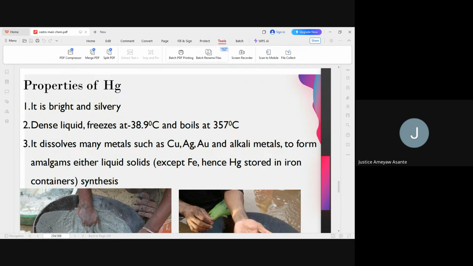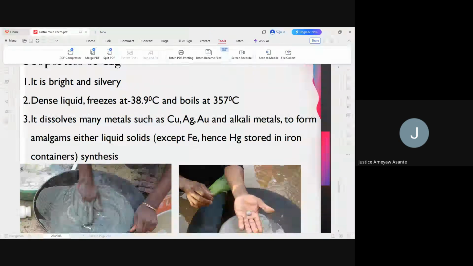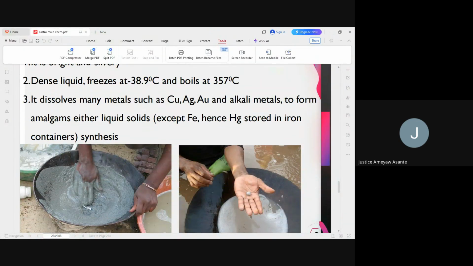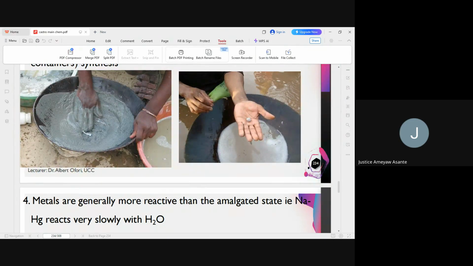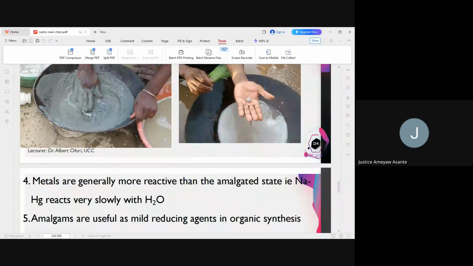It dissolves many metals such as copper, silver, gold, and alkali metals to form amalgams, either liquid or solid, except iron, hence mercury is stored in iron containers. So you've seen how it is, those who are at the Galamsey sites. So when it comes in presence of gold, it will dissolve it and form an amalgam of it.